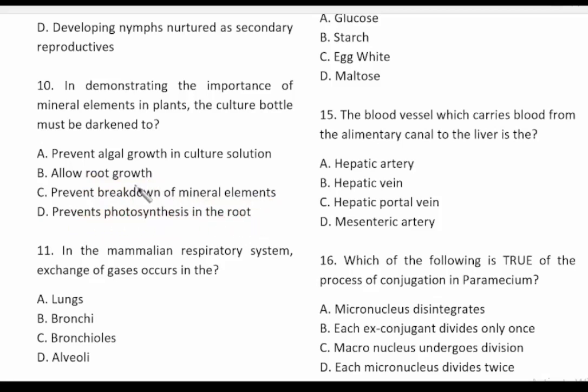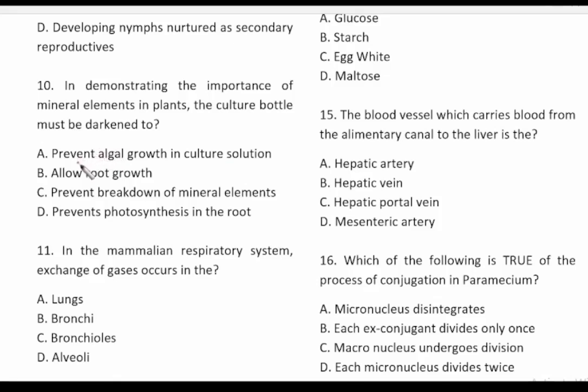Now for this particular question, the answer is the use of this particular bottle called a culture bottle to prevent algal growth in culture solution. We try as much as possible to use opaque bottles that are not transparent, to prevent the growth of algae in the culture. We actually use the culture bottle which is darkened. It is not transparent, it is opaque, you cannot see through it.